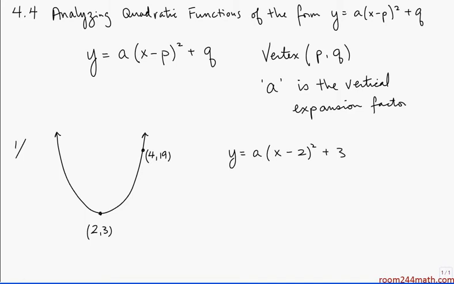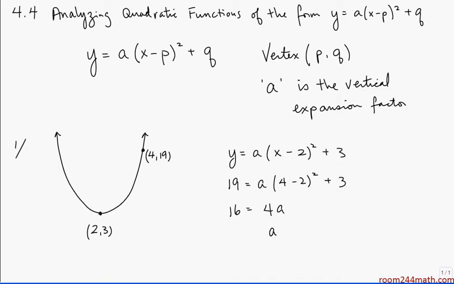So if it passes through the point (4, 19), that means it's a solution of this equation. So we can replace the y with 19 and the x with 4, and we should get a true statement. That leaves us with an equation with a to figure out how to make that statement true. We can subtract 3 from both sides. 4 minus 2 is 2, and 2 squared is 4, so we have 4a on the right-hand side after subtracting 3.